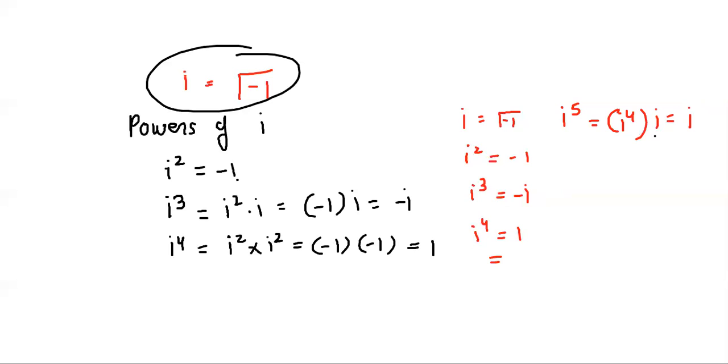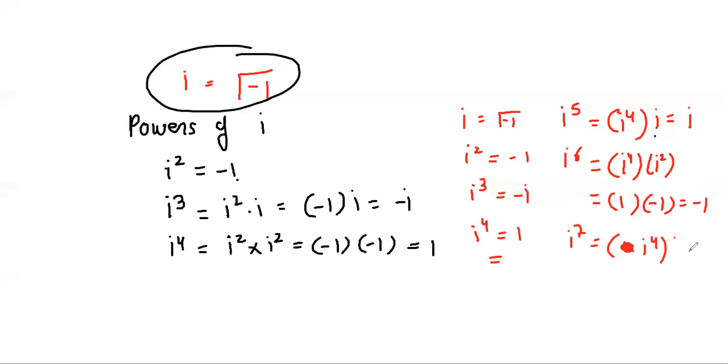I got i. Now I will write down i raised to 6. i raised to 6 is i raised to 4 into i square. So what is i raised to 4? 1. What is i square? That is -1. So I got it as -1. Let us find out i raised to 7. I always write the highest power as i raised to 4 and then whatever is remaining, i raised to 3.